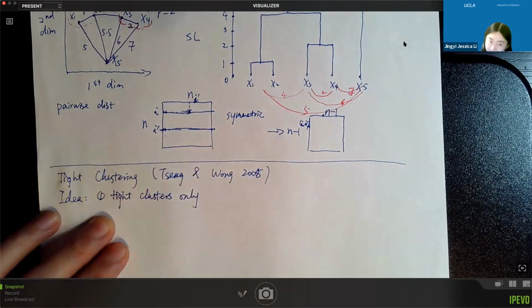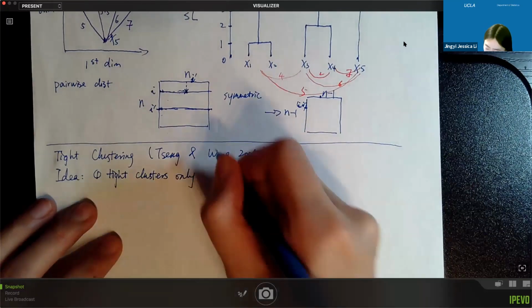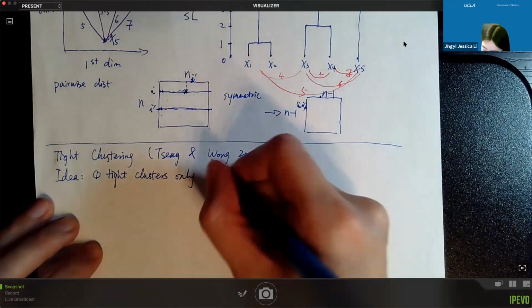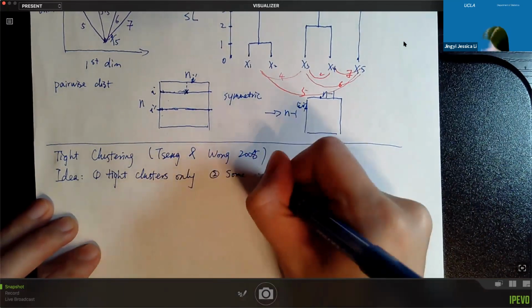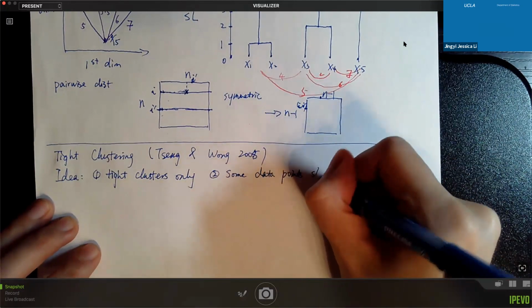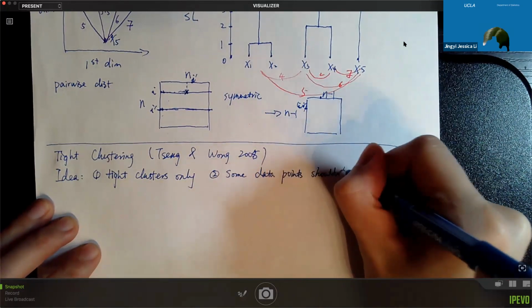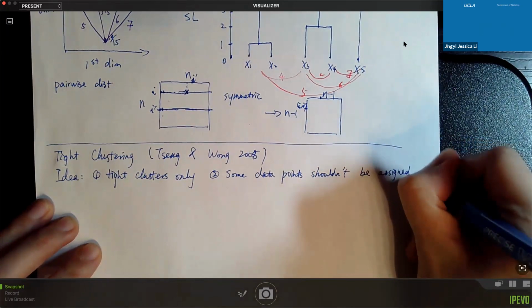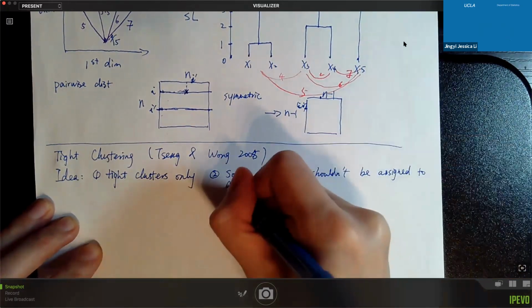We don't want to have very big clusters. And second, we don't want to assign every data point to a cluster. So some data points shouldn't be assigned to any cluster.